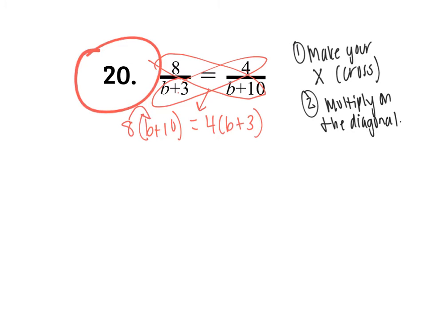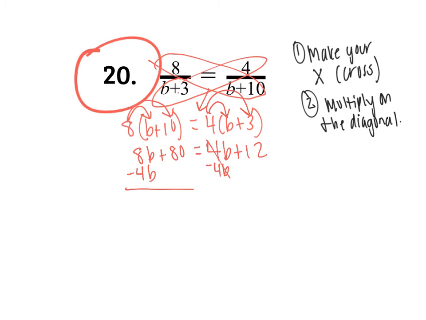So 8 times (b plus 10), remember it's not just 8b plus 10, you have to distribute. So I have 8 times b plus 8 times 10, which I know is 80. And over here I have 4 times b plus 4 times 3. So that's 4b plus 12. At this point, I have to solve my equation. So I'm going to subtract 4b from both sides just because I want to get rid of the b's.